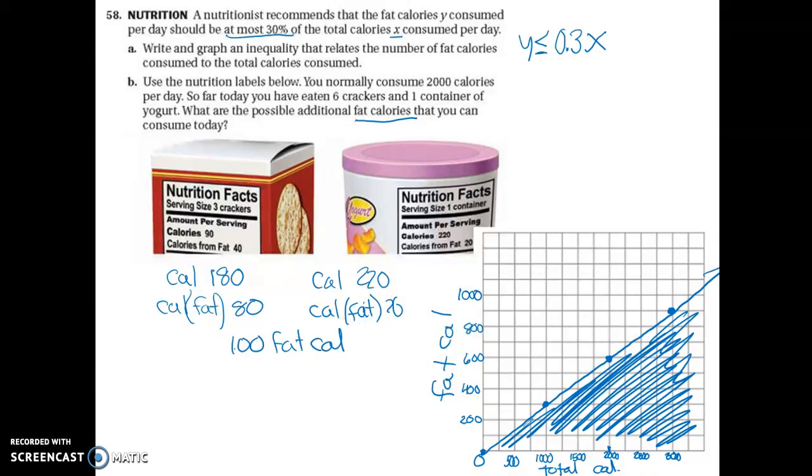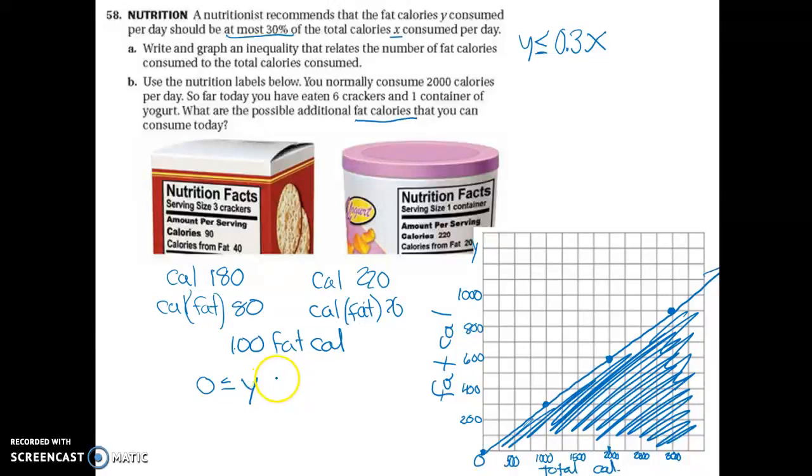If we look on our graph, we can see that at 2,000 calories you should have at most 600 fat calories. So that means you could have 0. Since we're looking at fat calories, we can use the variable y, because these are your y's.